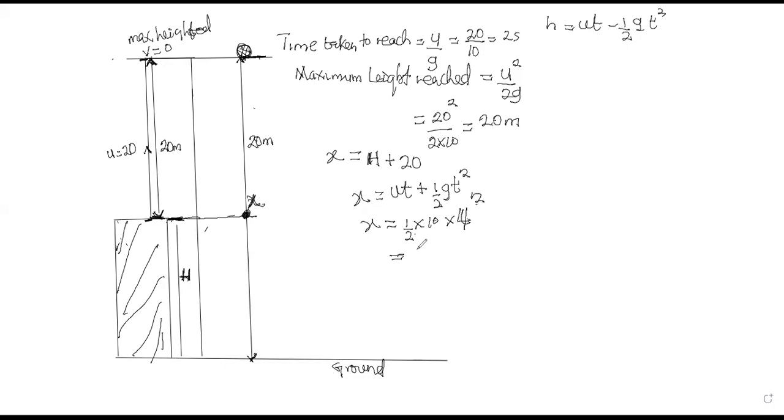So it means that we have 5 times 16. And class, what is 5 times 16? 80.